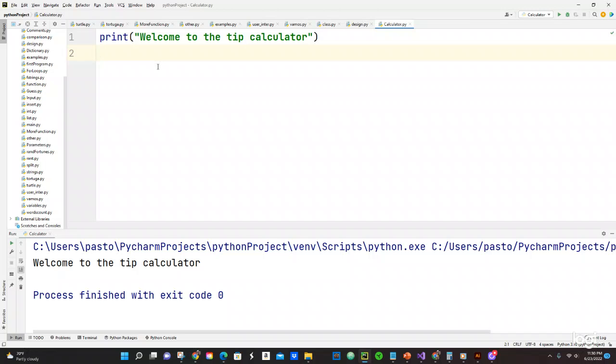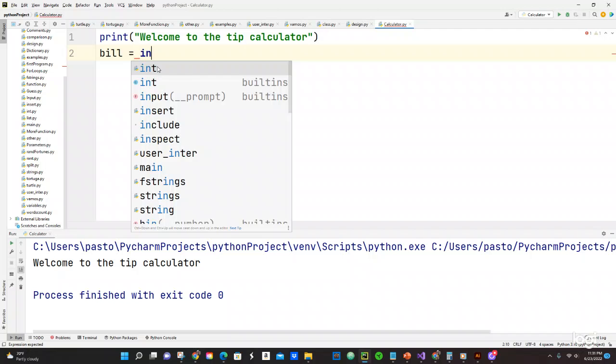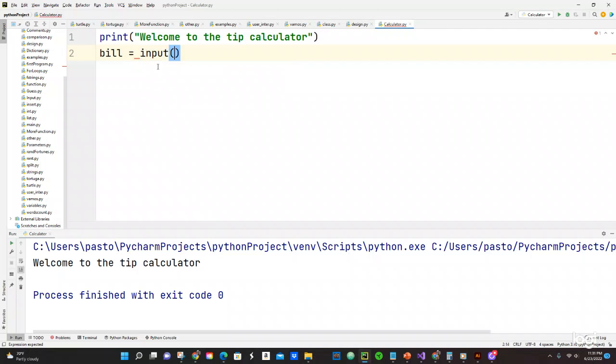Now we have to have a variable named bill, equals, and we're going to ask a question to the user: what is the total bill? So we're going to use an input, and we're going to ask the question, "What is the total bill?"